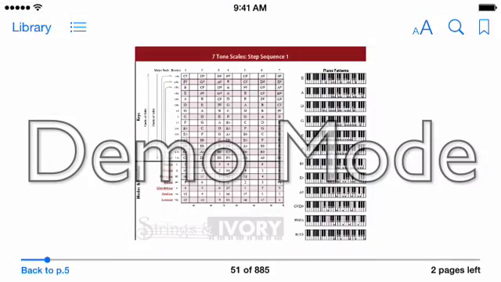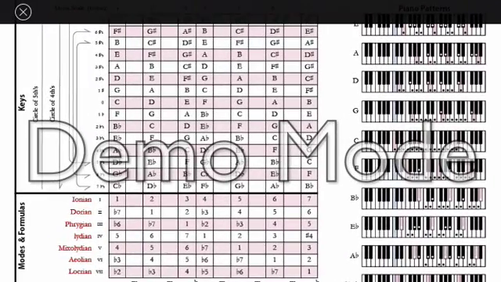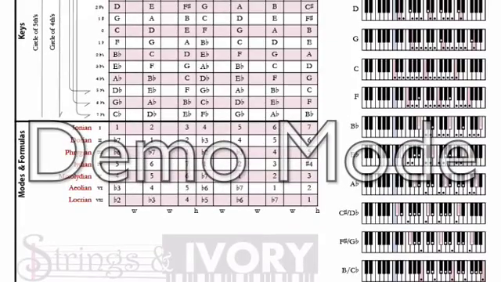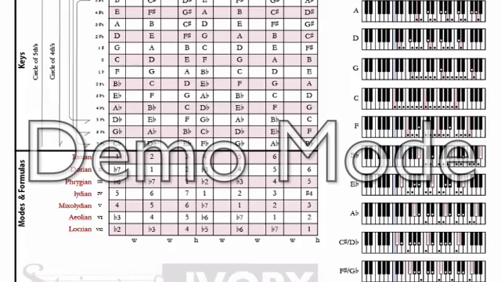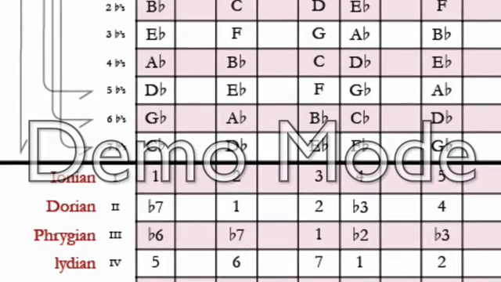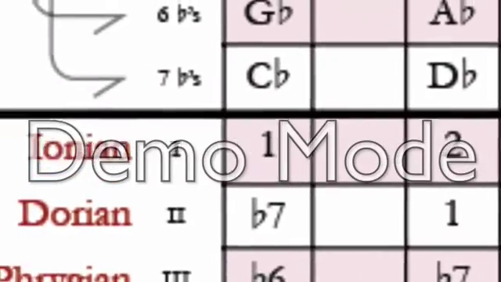The next chart is the keys and modes and formula chart. This will help you find any key for the modes and scales with this step sequence. So if you wanted to be in the key of C in the Ionian scale, or the major scale, you would look at the intervallic formula next to it and find the first degree.